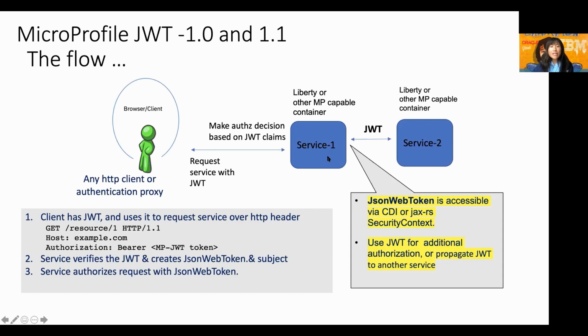When the server receives the token, it can use the public key to decode this JWT and then create a JSON web token. In this way, the application itself can access a JSON web token and work out the authorization decision based on the JWT claims.